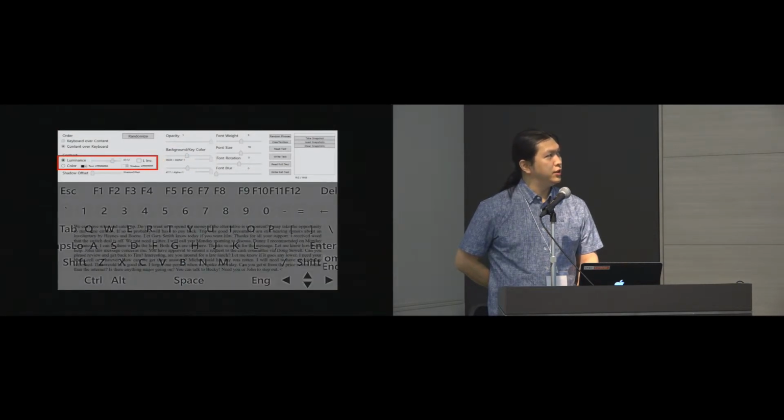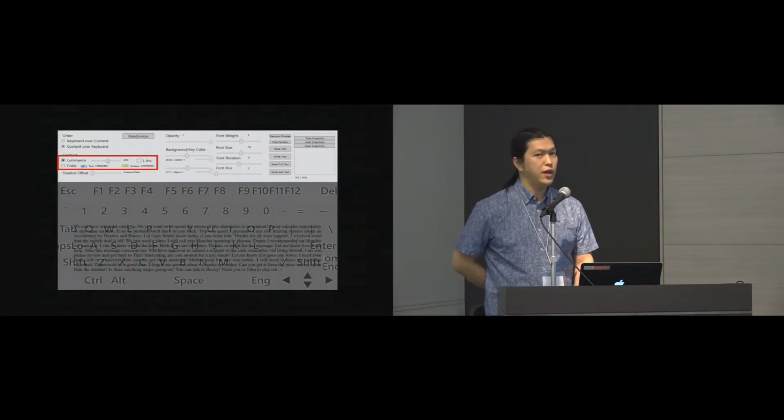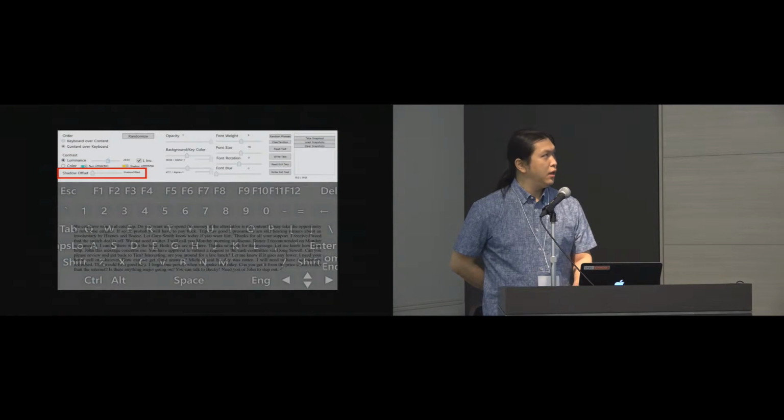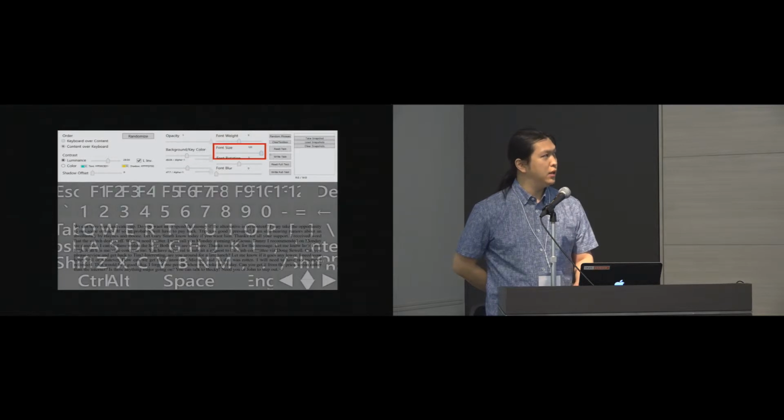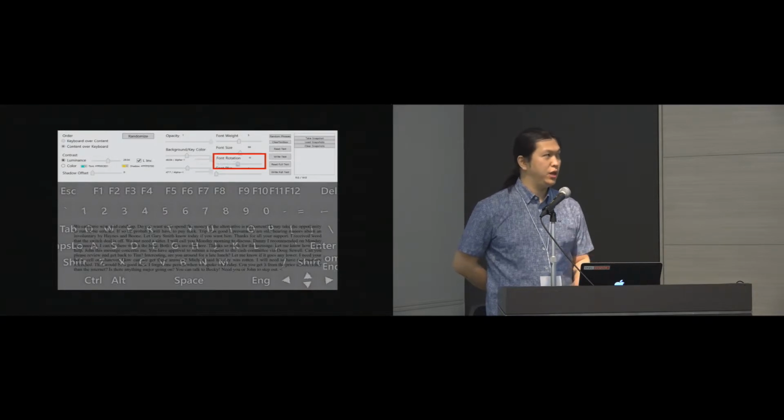And the other one is the luminance contrast between the key labels and the key. And the designer can actually assign as many key colors as they want. And the other one is the shadow and its offset. And the other one is the font weight, font sizes, and different font rotations to discriminate between the label and the text.